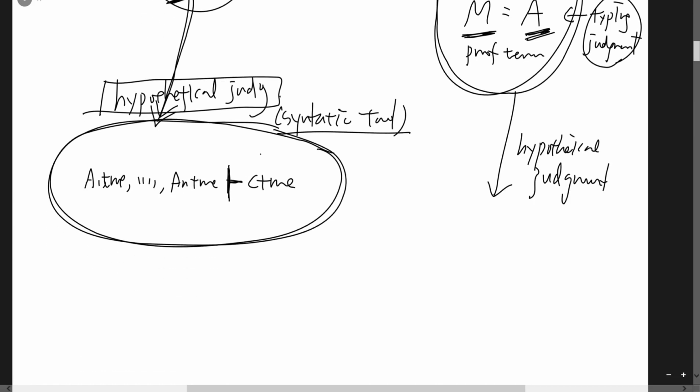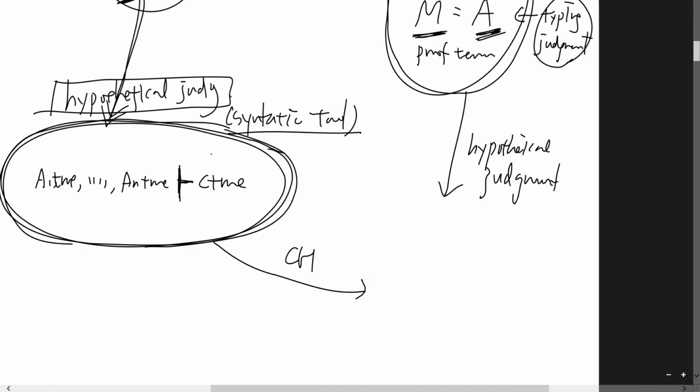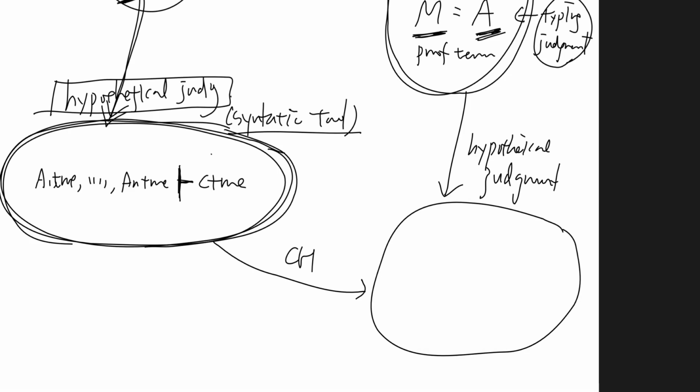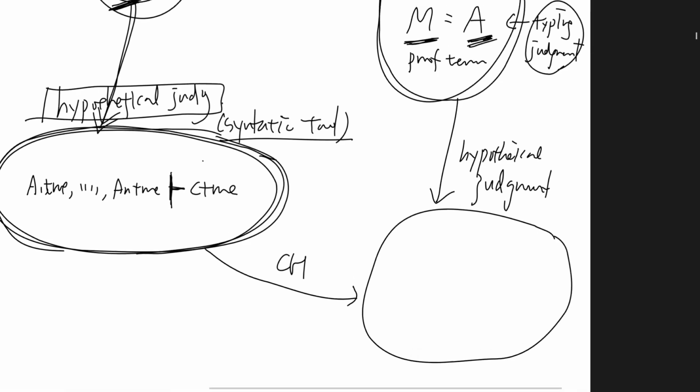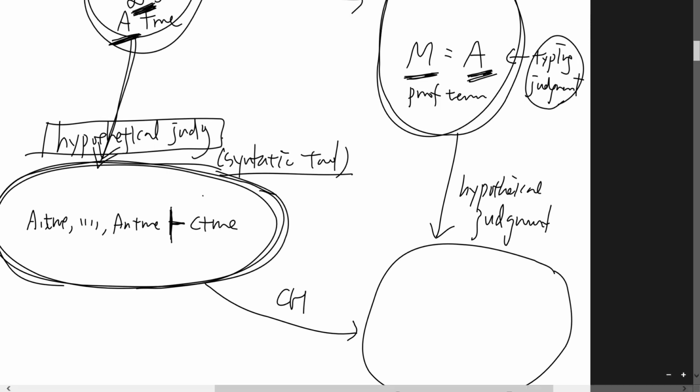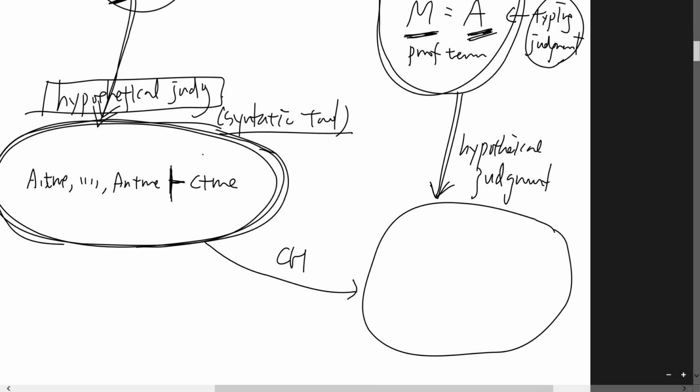Now, what about this way, using hypothetical judgment? Alternatively, what about applying Curry-Howard isomorphism to this system? And it turns out that whichever way we take, we always arrive at the same system. So if we take this path, what that means is that we have a turnstile.